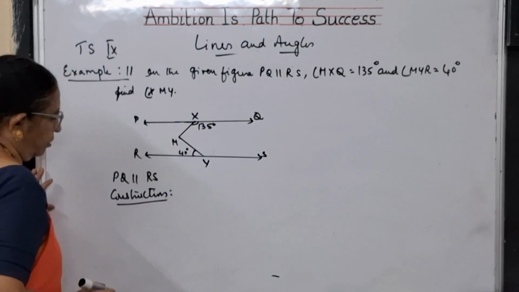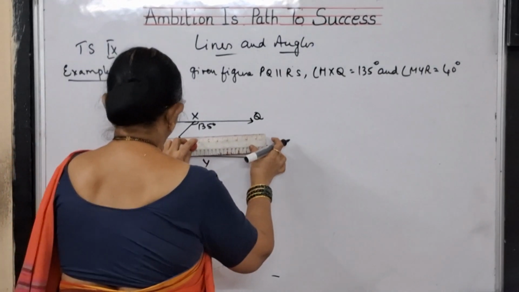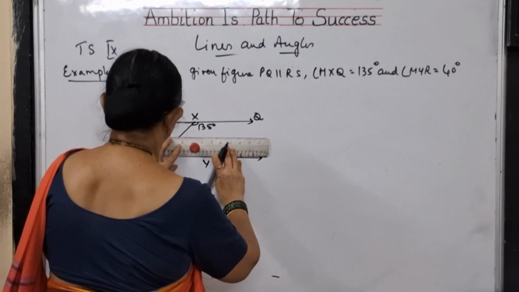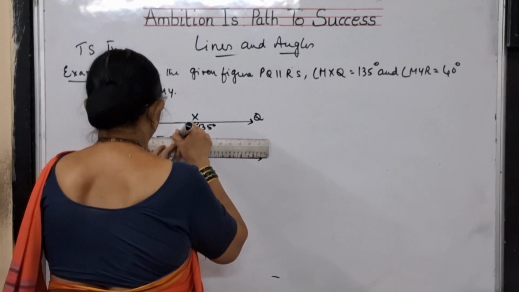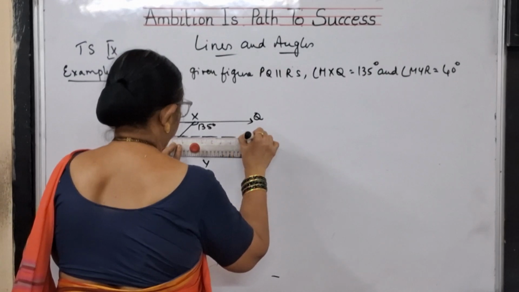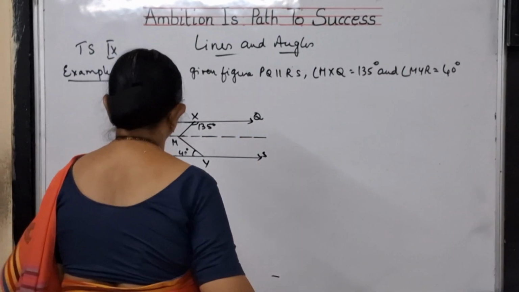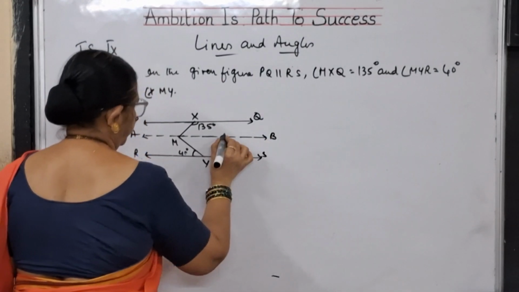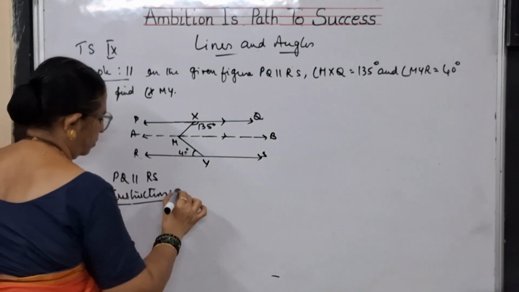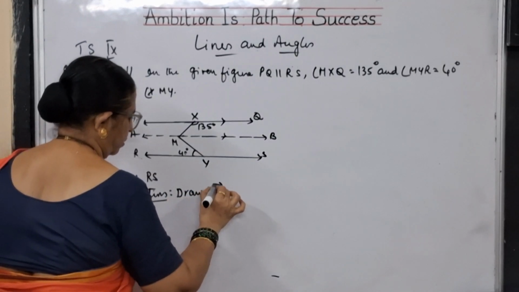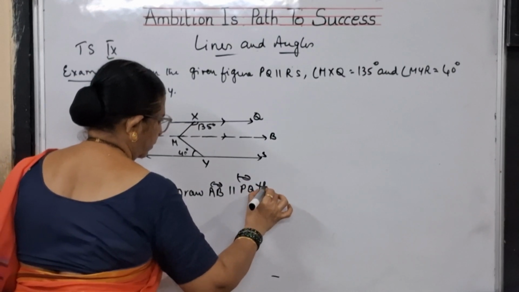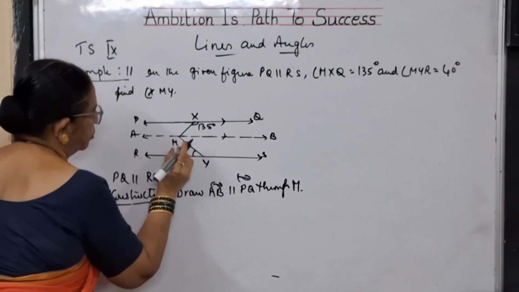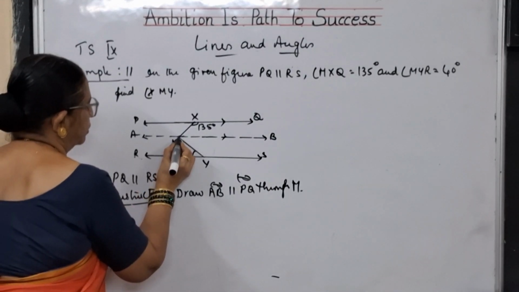The construction here is you have to draw a line AB parallel to PQ through M. So this is angle M. Here this is the point M, this one.